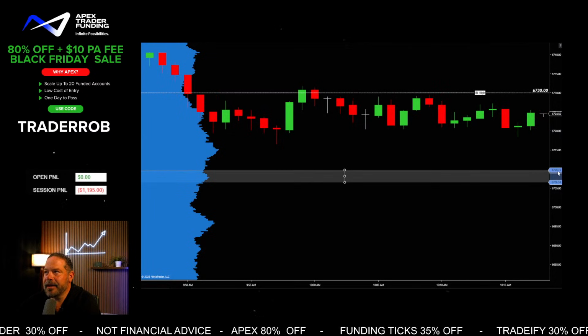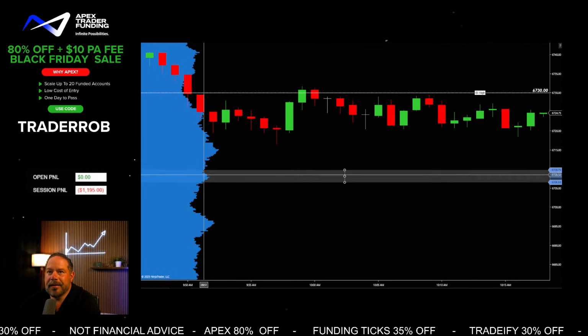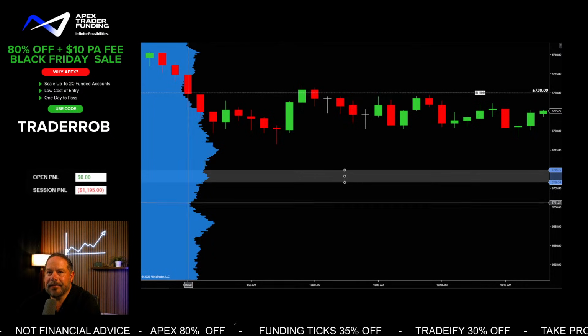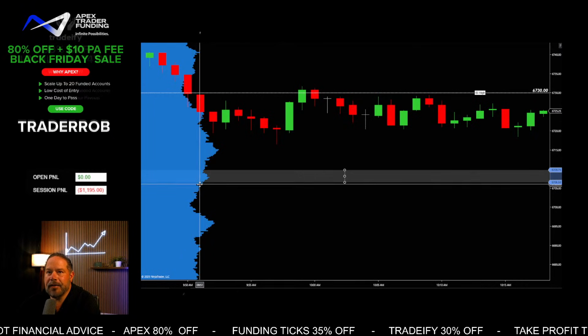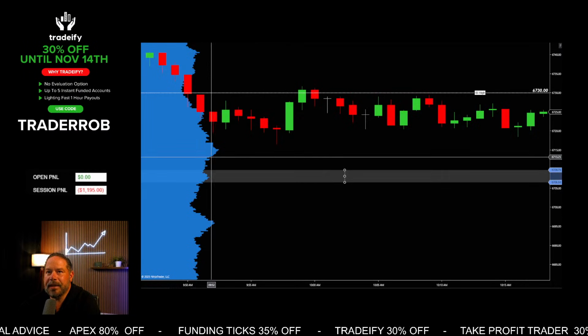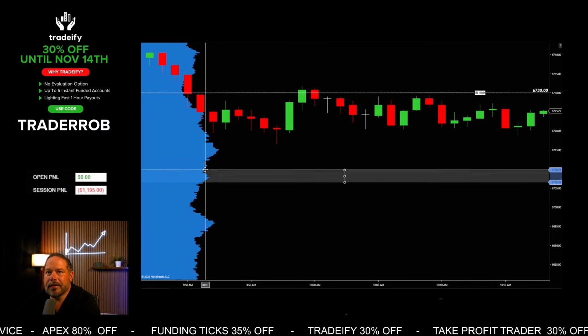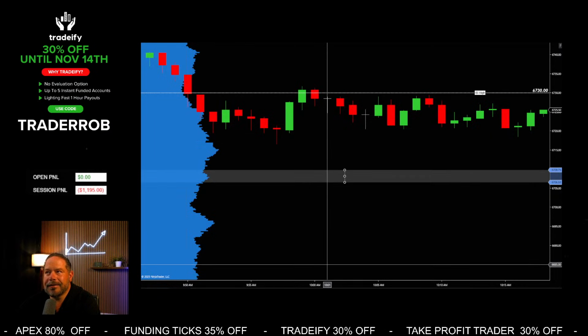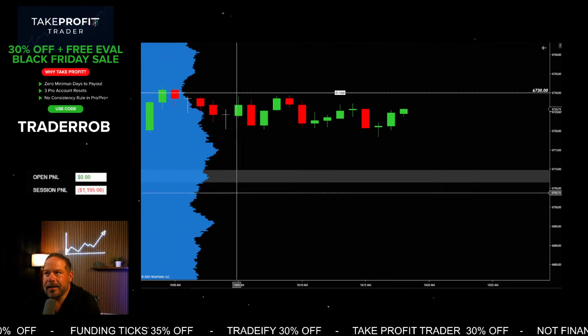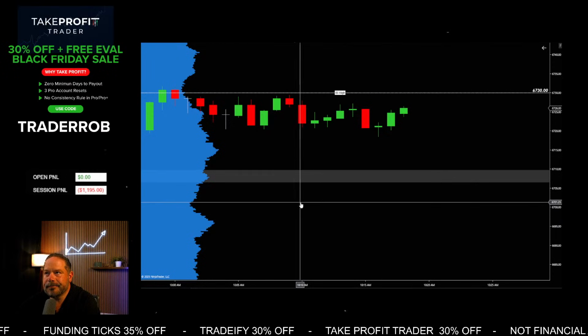Let's say 6710. Fits nicely right here. I just don't like this descending volume profile below it. I'd rather see it going this way, and then for TPs, I want to see this going that way. So it doesn't fit very perfectly on the ES right now.